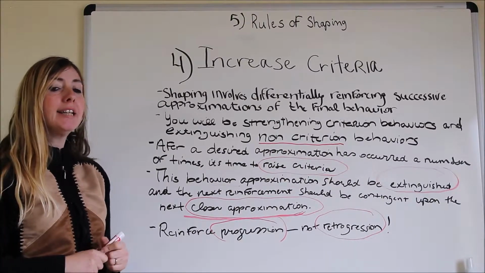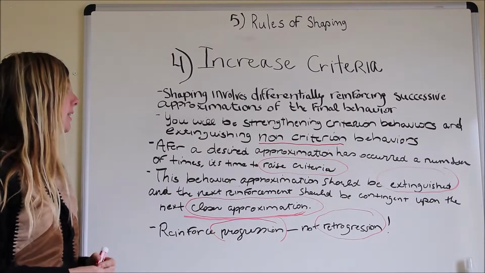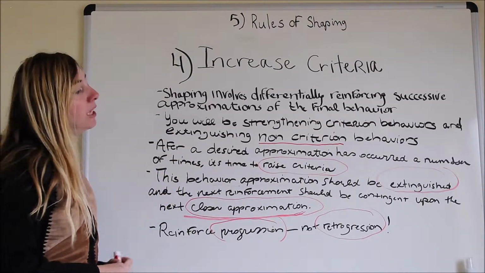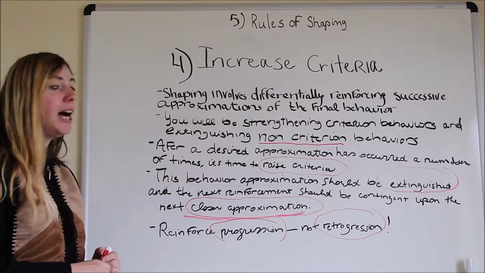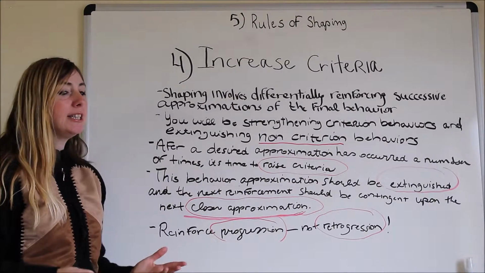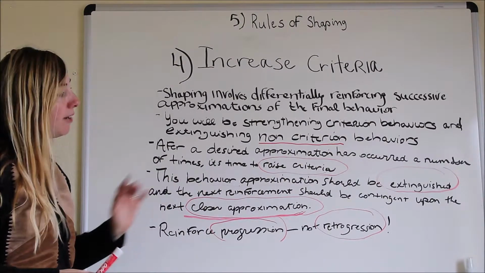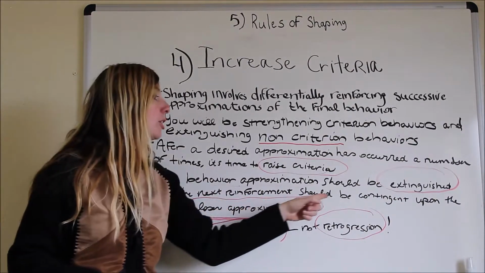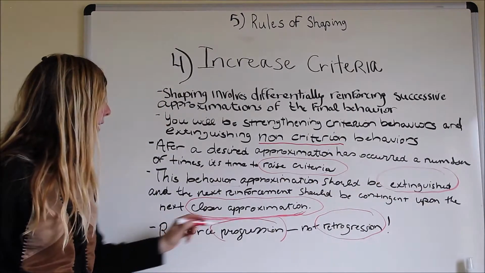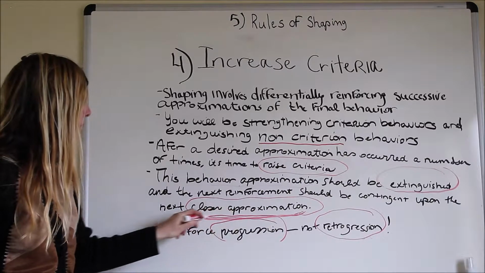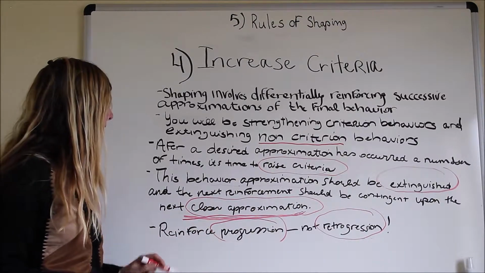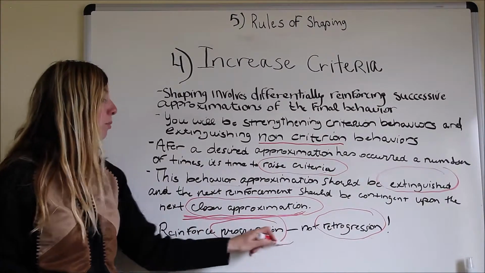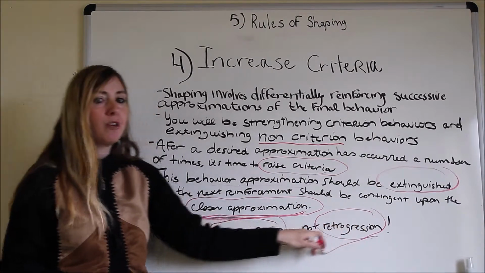Now, a unique aspect of shaping is that after a desired approximation has occurred a number of times, it's time to raise criteria. So this behavior approximation should be extinguished and the next reinforcement should be contingent upon the next closer approximation. This means that we will be reinforcing progression and not retrogression.